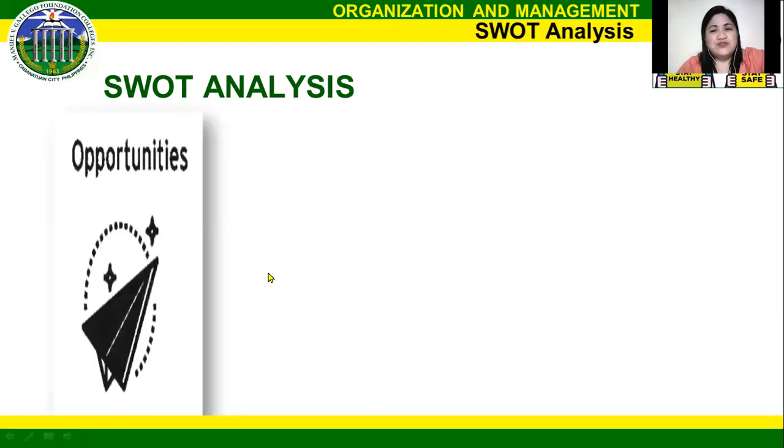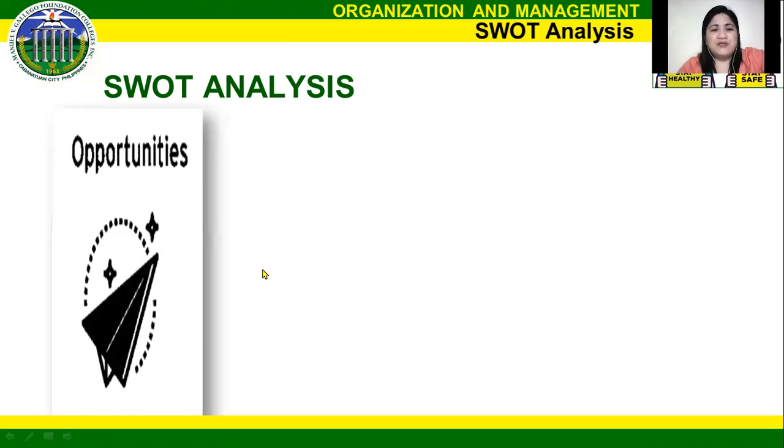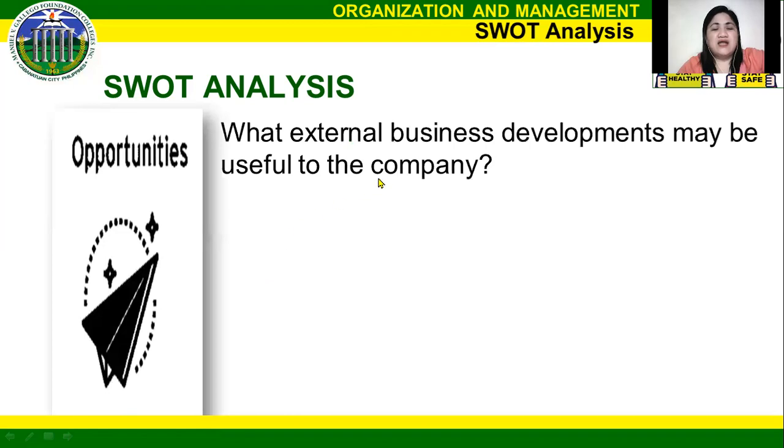Next is the opportunities. In every problem comes opportunities. Ano ngayon ang hinahanap natin? So remember that SWOT, or the strength and weakness, deals with the identification of the internal factors that could possibly affect the business operations, while opportunities and threats deal with the external business endeavors or factors that could possibly affect your operations.